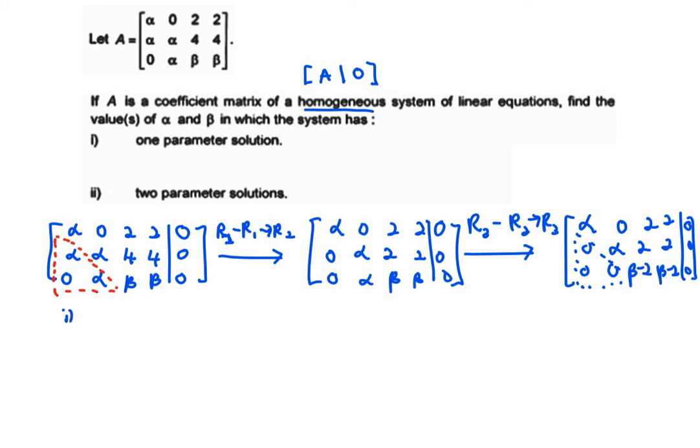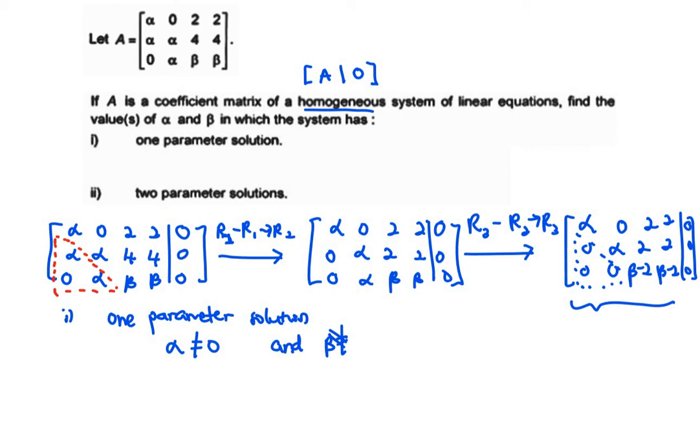So for number 1, for one parameter solution, if you look at this, when the system has a one parameter solution, where we want only one free variable, that is the case when alpha is not equal to 0 and beta minus 2 is not equal to 0, where beta is not equal to 2.